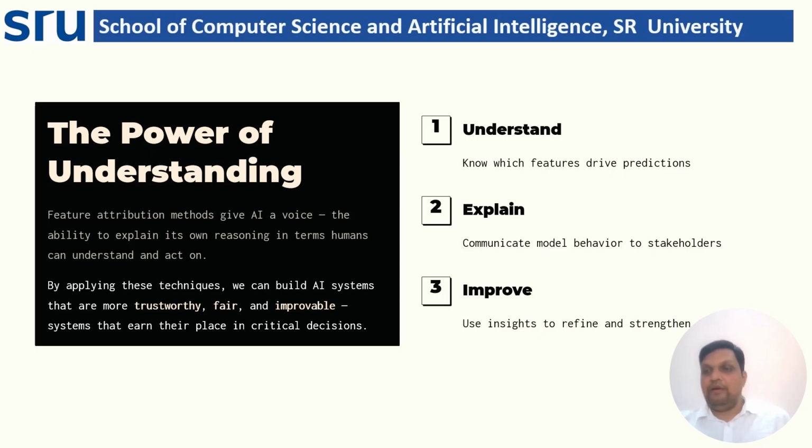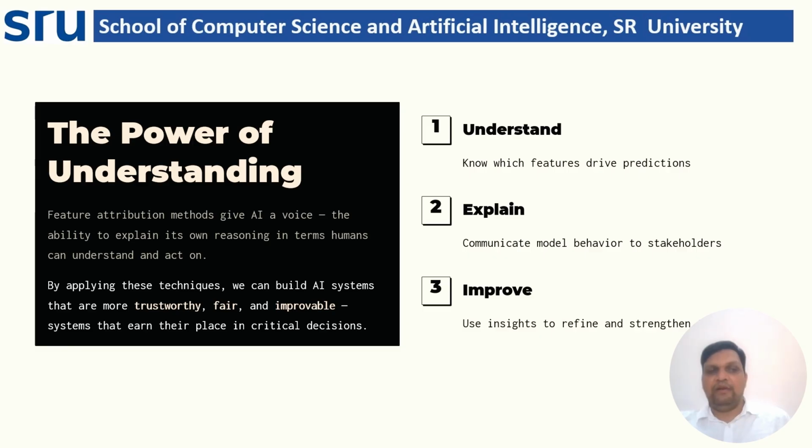The power of understanding. Feature attribution may give AI a voice, the ability to explain its own reasoning in terms humans can understand and act on. By applying this technique, we can build AI systems that are more trustworthy, fair, and improvable.